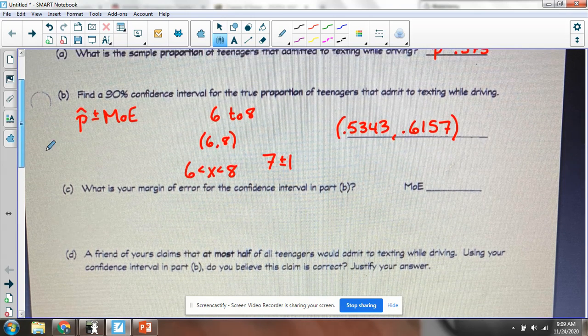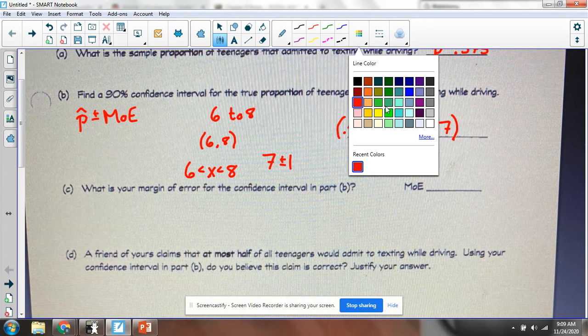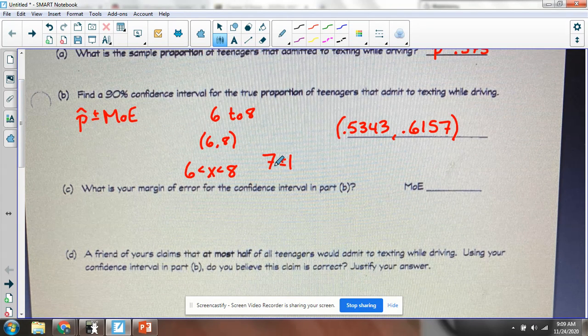It says then, what is the margin of error? If I write my interval like this, the margin of error is the plus or minus stuff. You'll see when they were doing the presidential elections, they were saying Biden was going to get 52% of the vote, plus or minus 1.7%. That's how off they can be. That's their margin of error.